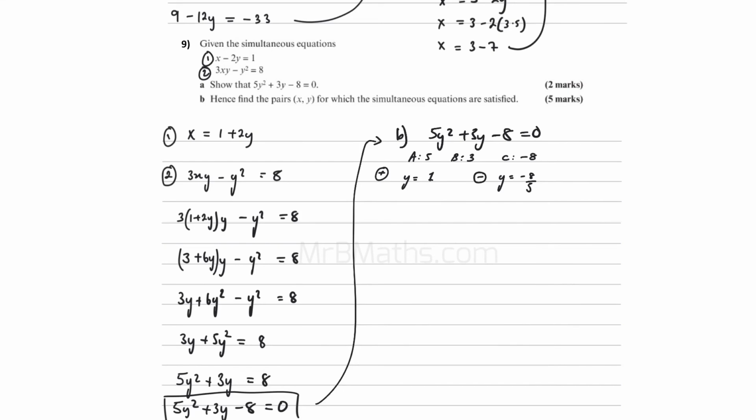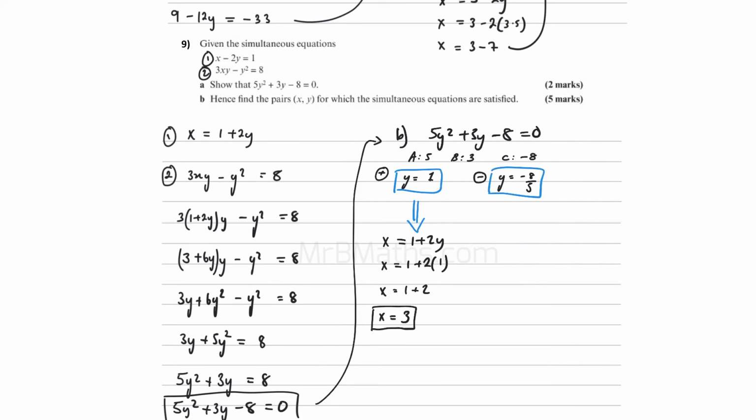So now that we've got our two values here for y, we then need to substitute that in to find our corresponding x. So here, what we can do is write x equals 1 plus 2y, and this is obviously x equals 1 plus 2, therefore x equals 3.